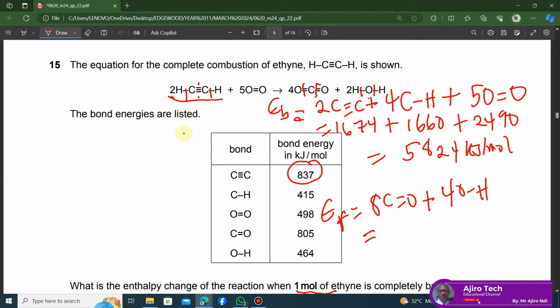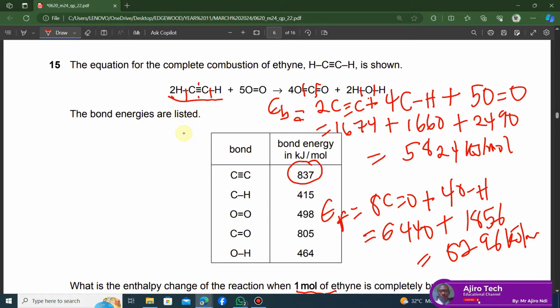So let's compute again. 8 times the C double bond O value, 805, so 8 times 805 gives 6440, plus 4 O-H bonds, 4 times 464, and I'm having 1856. Add this up again, 6440 plus 1856, I have 8296. We know the unit already, kilojoule per mole.